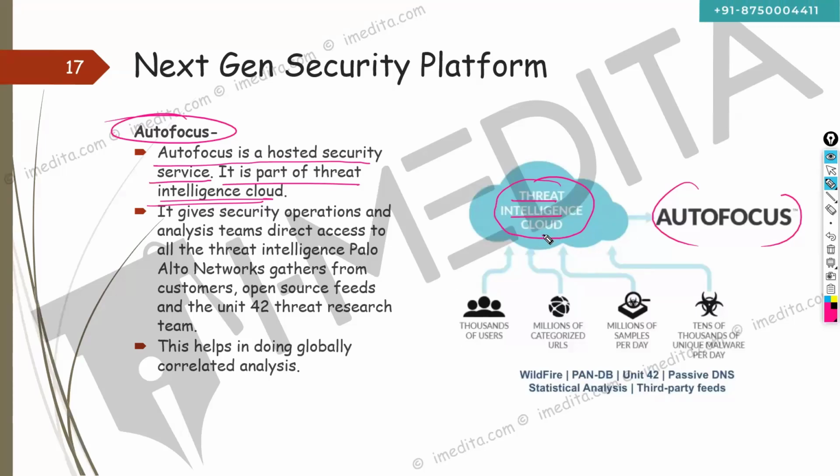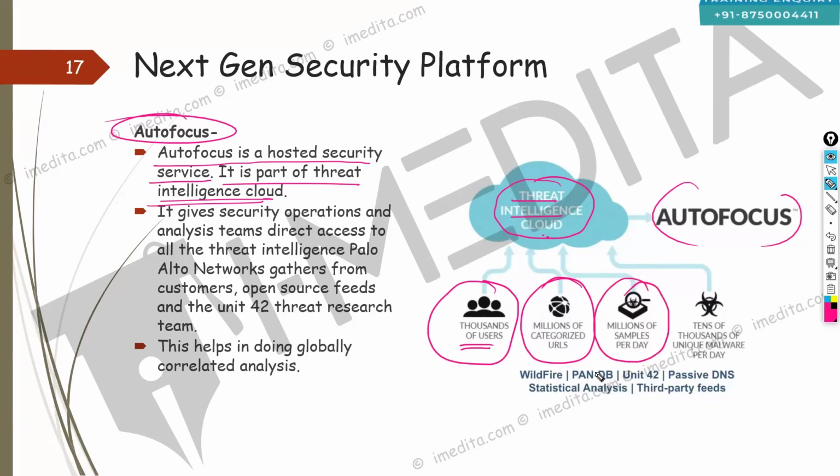Leave it. In the threat intelligence cloud, Palo Alto says that we have thousands of users, we have millions of categorized URLs, we take millions of samples per day, we have WildFire, we have the Palo Alto database, we have worldwide how many units? 42 units. So when we say your firewall will send information to the cloud, it is not just a single server.